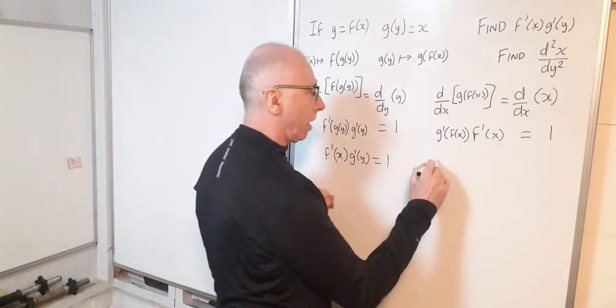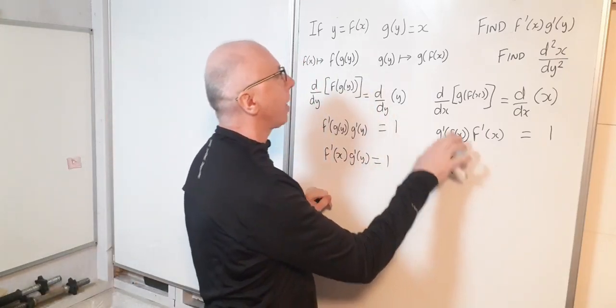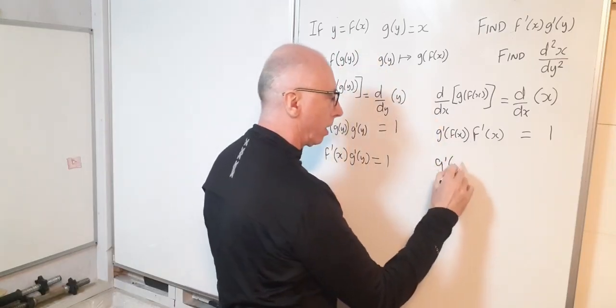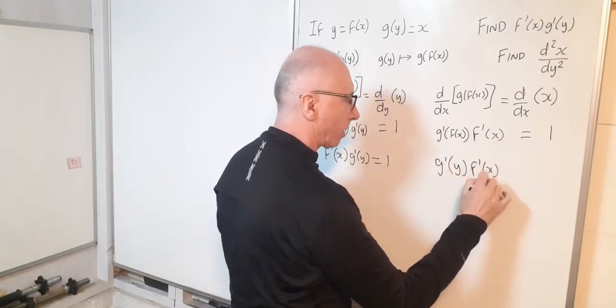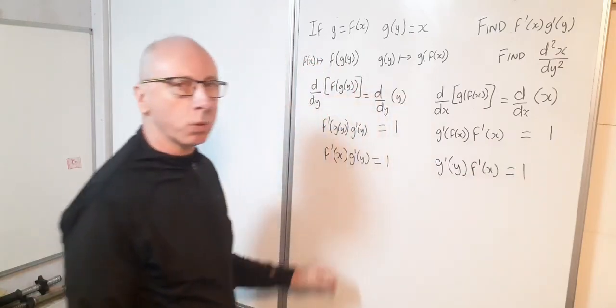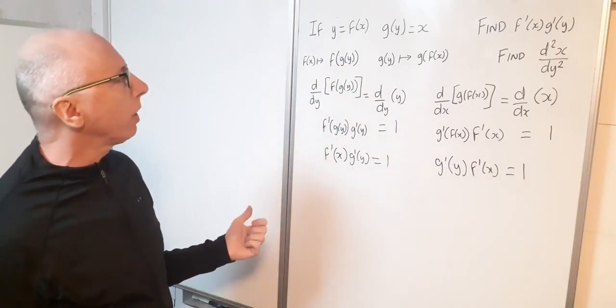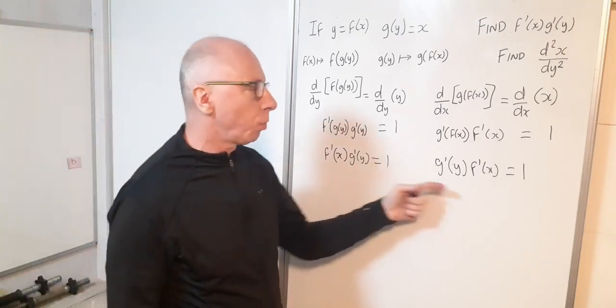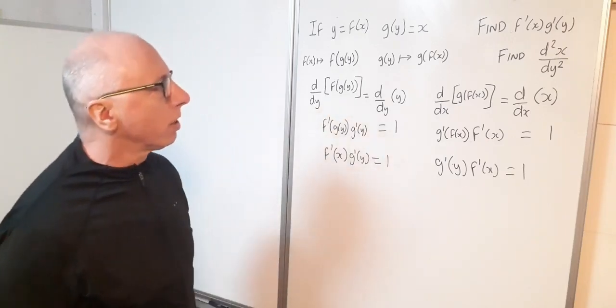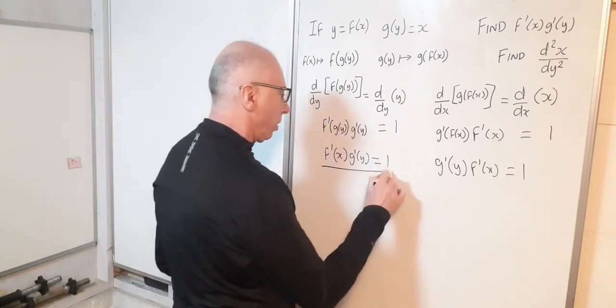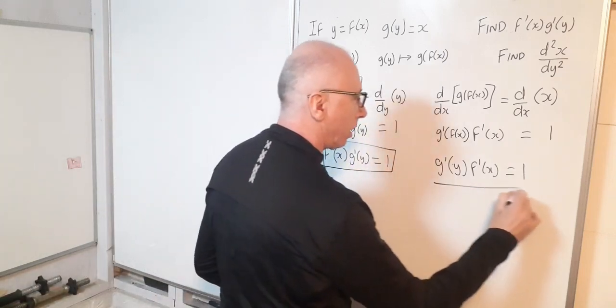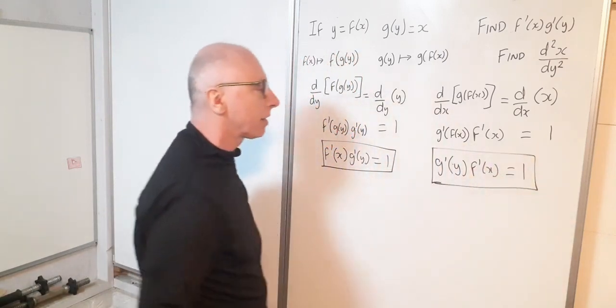And I can see here I've got g prime of f of x, which is y, and then f prime of x, that also equals 1. So basically the product of the derivatives of two inverse functions will give us 1 on all occasions. So that's our general rule. So that's taken care of that.